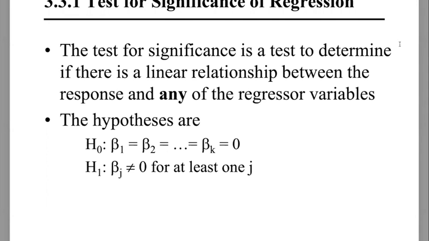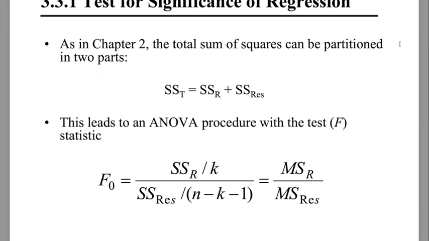The alternative hypothesis would be the opposite of that, which would be that at least one of those slope coefficients is non-zero. Another way to say that would be that the response variable is linearly related to at least one of those explanatory variables. And so these are the hypotheses that are being tested by that overall test.